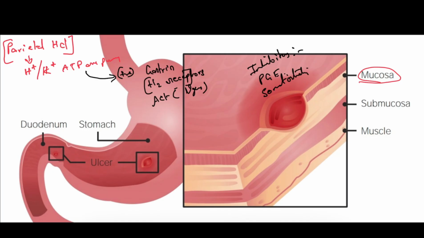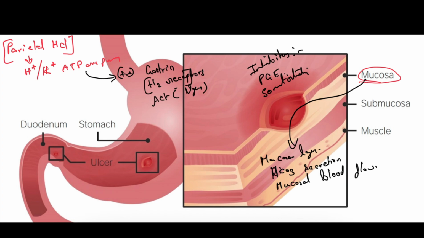Okay. And in the stomach, we can see here the mucosa. In the mucosa, we have the mucus layer and bicarbonate secretions. And in this mucosa, we can see mucosal blood flow and rapid epithelial regeneration.